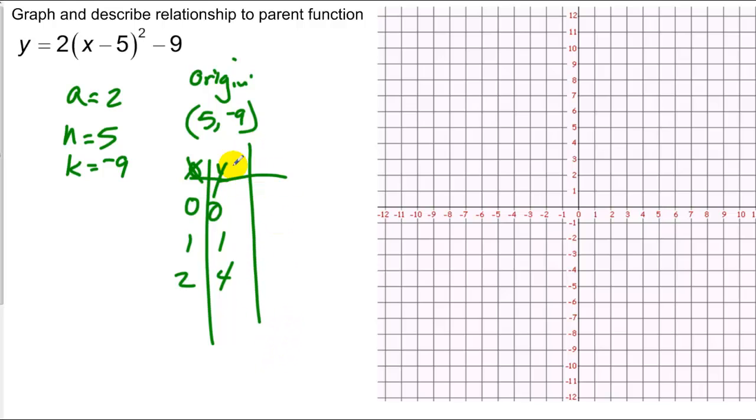Going to multiply those y values by a factor of 2, 0, 2, and 8. So I'm going to move over 5, 1, 2, 3, 4, 5, down 9. Put my little new origin marker here. Here's 0, 0, over 1, up 2, over 2, up 8.